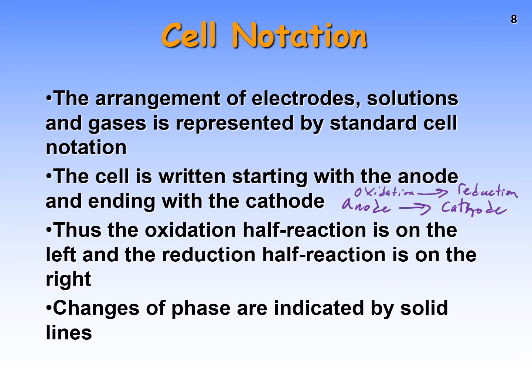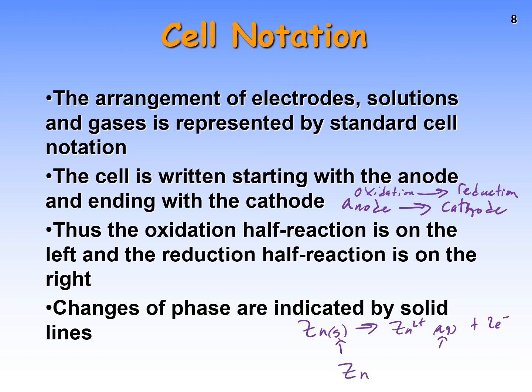And changes of phase are indicated by vertical lines. So for instance, let's say we're talking about that zinc solid going to zinc 2 plus half reaction. In this type of scenario, solid, aqueous, that's a change in physical state.